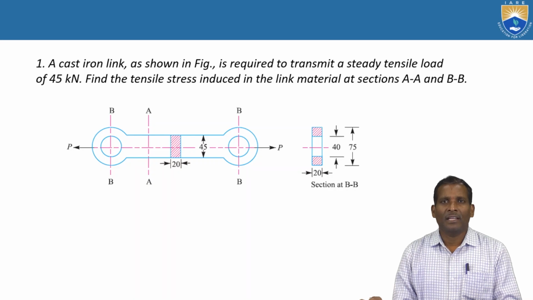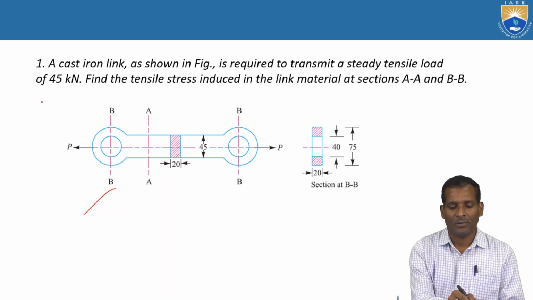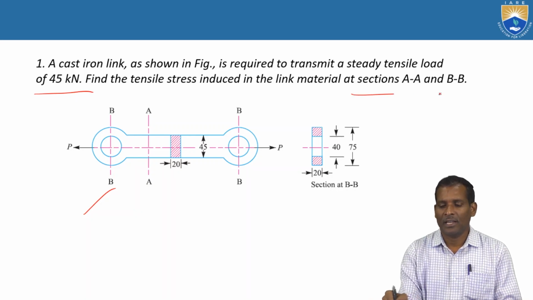A cast iron link is shown in the figure. This cast iron link is required to transmit a steady tensile load of 45 kilonewtons. Find the tensile stress induced in the link material at sections AA and BB.